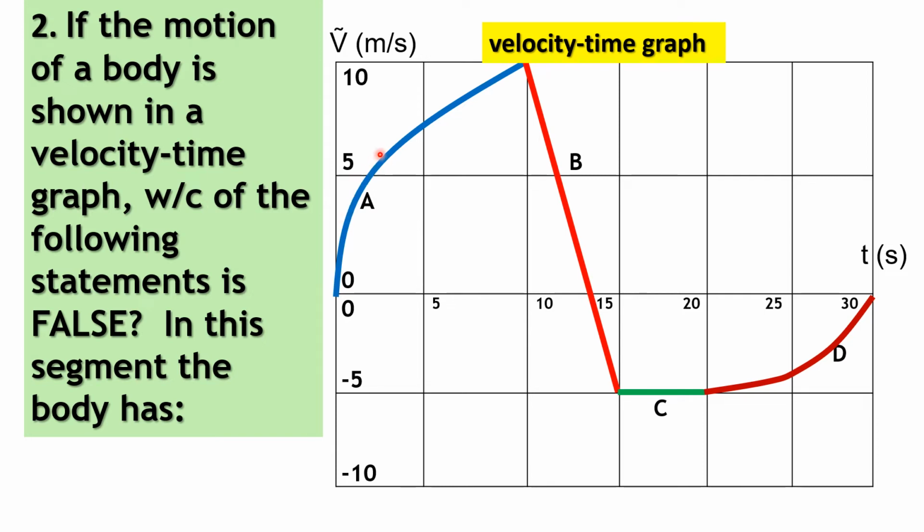The tangent line touches only a particular point in the curve, which corresponds to that particular instant. Then, from the tangent line, we can determine the delta V and the delta T, and start computing for the slope. Whatever value of the slope comes out will represent the instantaneous acceleration at that particular instant.